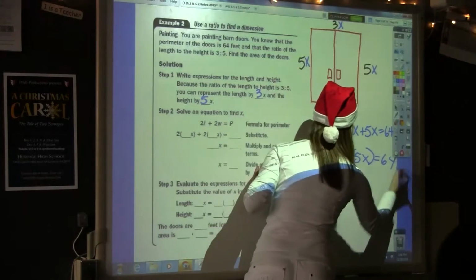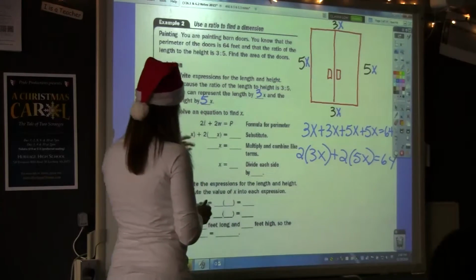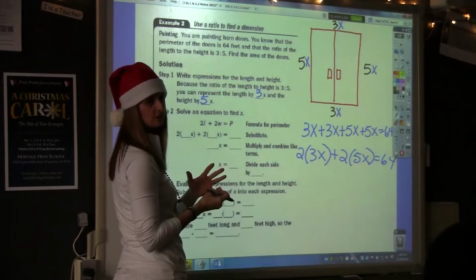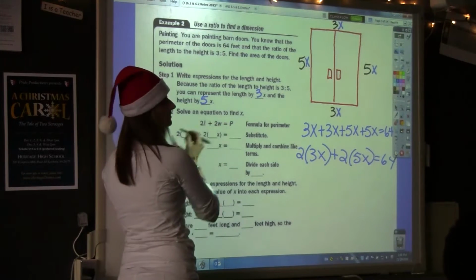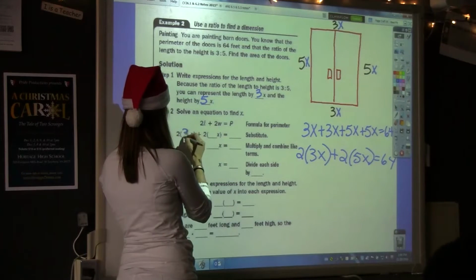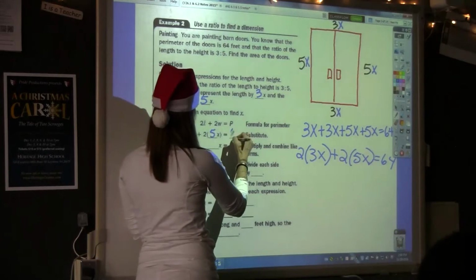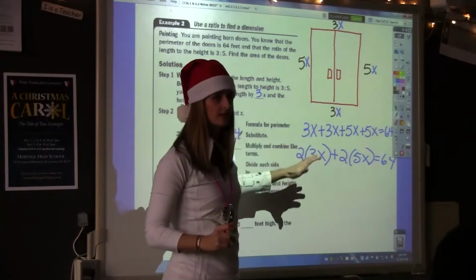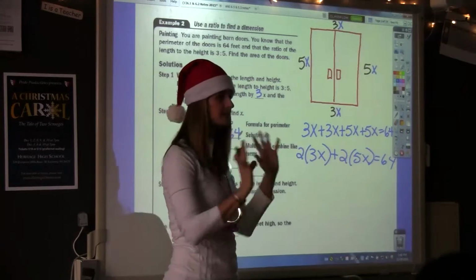But this is the equation or your formula for perimeter on your formula sheet. 2 times the length plus 2 times the width is the perimeter. So you can think about this however you'd like when you're setting these equations up. They mean the same thing.